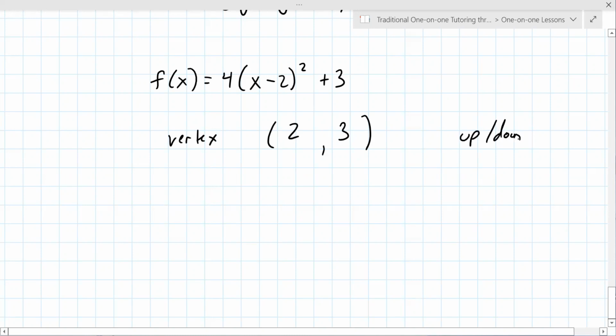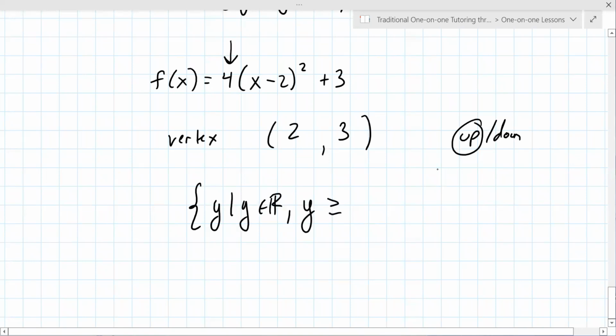I believe it goes up. It does. It goes up based on this number right here, since it's positive. So your range is y such that y is an element of the real numbers, comma, because it opens up, it's greater than or equal to, and then you choose the y value of the vertex.